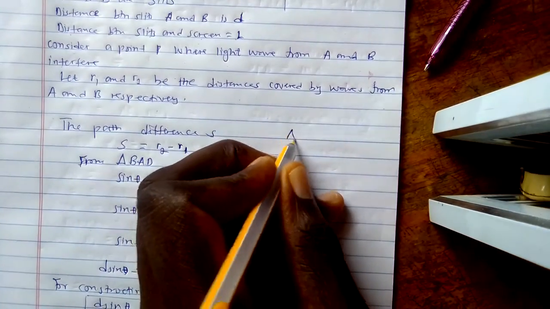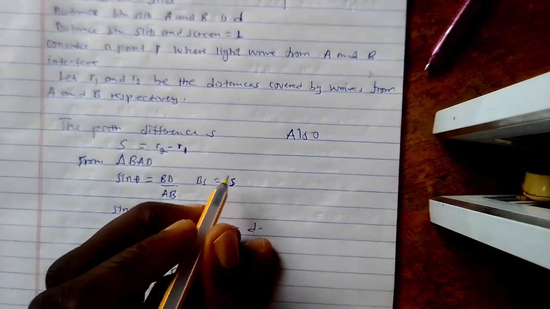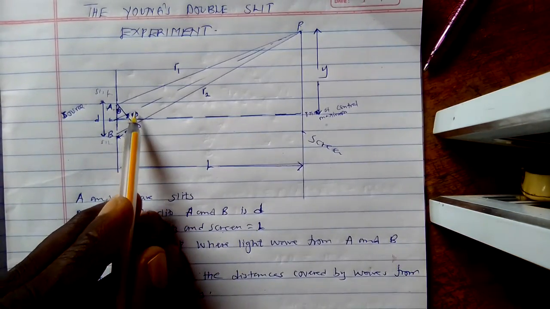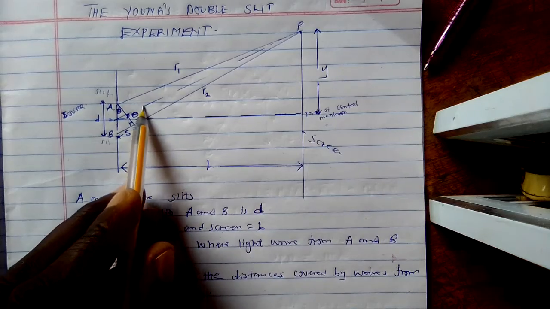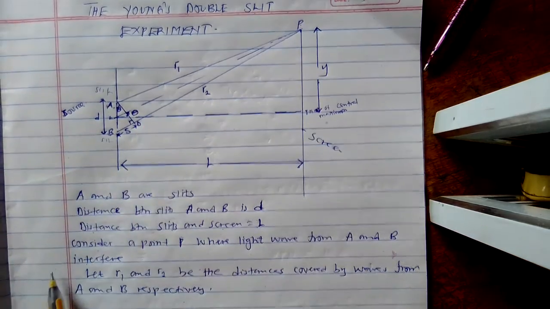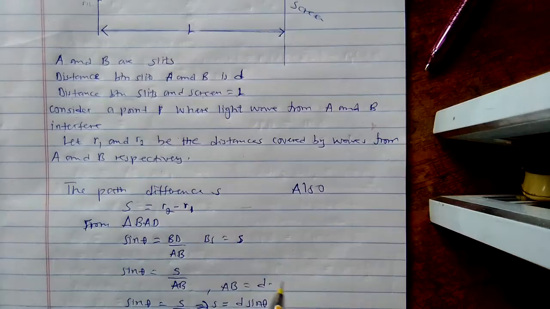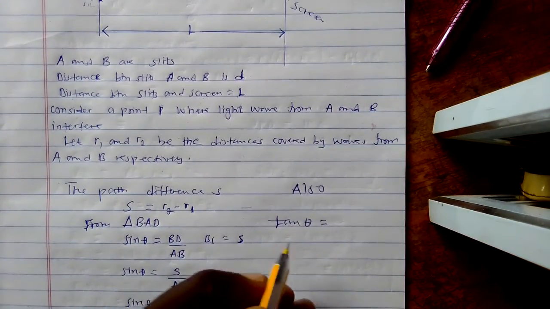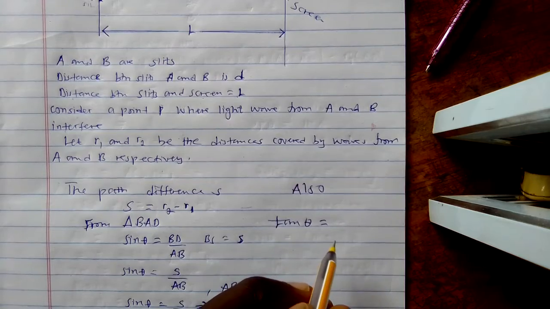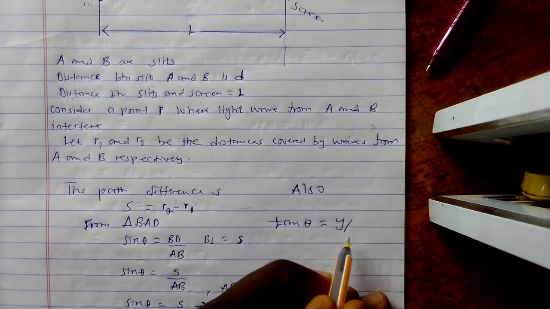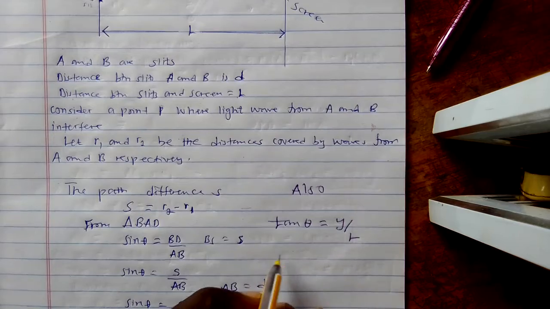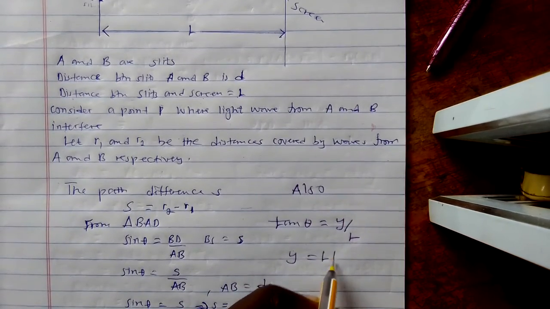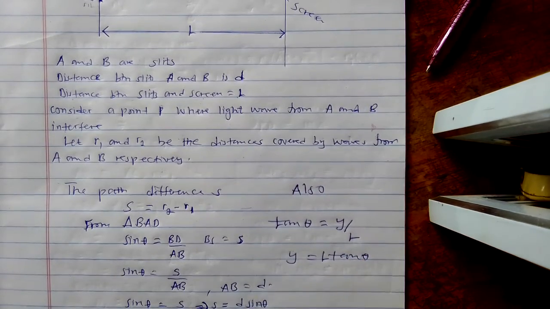I can also look at the diagram. This angle here is theta. So tan theta can be equal to y over L, implying that y can be equal to L tan theta.